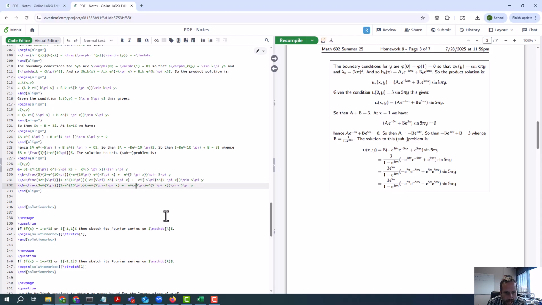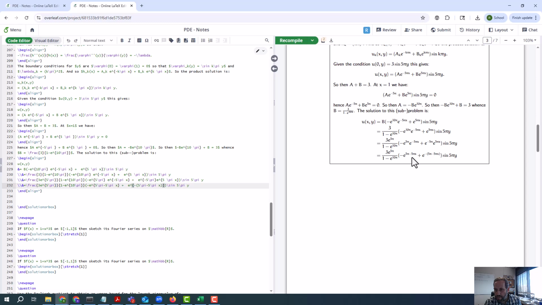That's a minus 5 pi. So it's going to be minus 5 pi minus 5 pi x. So that's going to go away. So it's going to be like this. Okay, so 5 pi x minus 5 pi minus 5 pi x. So minus 5 pi minus 5 pi, okay.